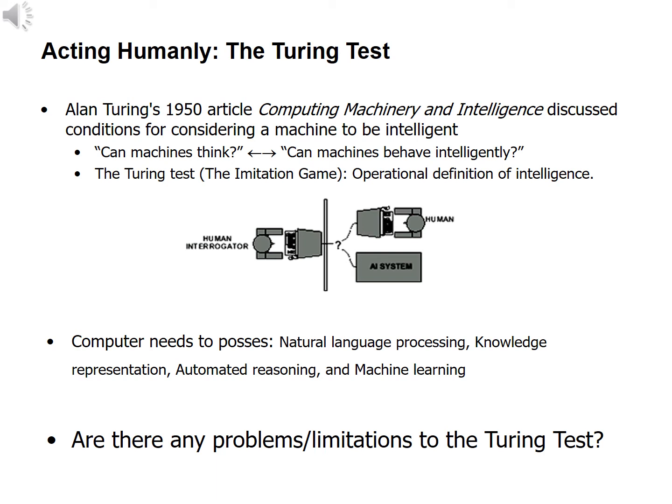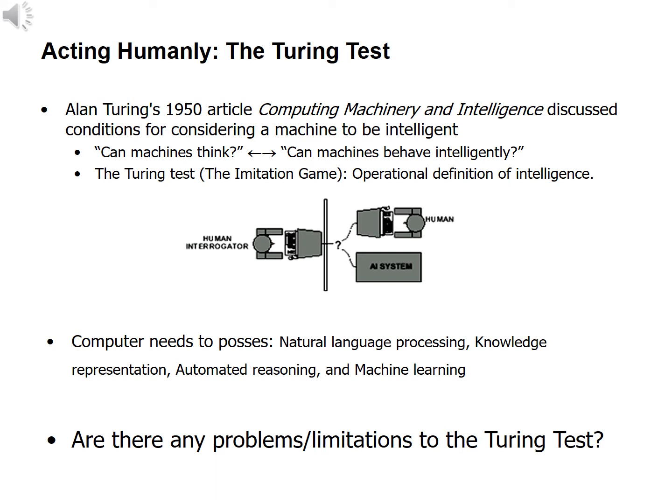Now, the question is, when does a computer pass this test? The computer passes this test if a human interrogator, after posing some written questions, cannot tell whether the answer was given by a human or by the AI system.